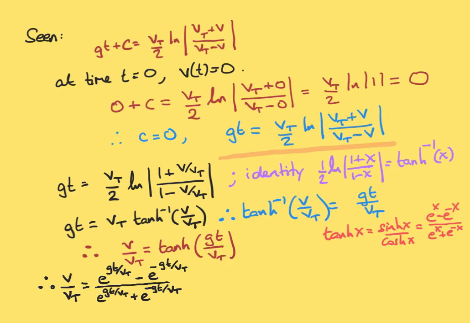And as we want v as a function of time, why don't we just say v of t is, multiply both sides by vt, the terminal speed multiplied by this ratio of differences and sums of exponential functions. So this is our answer for what the speed will look like as a function of time.